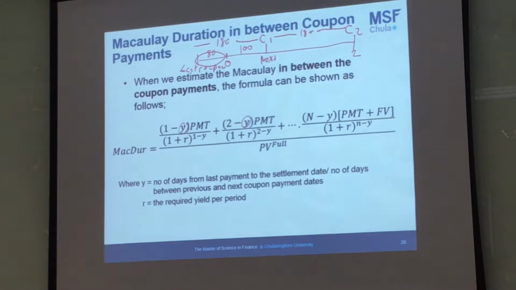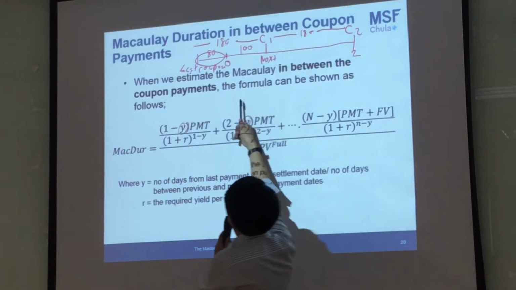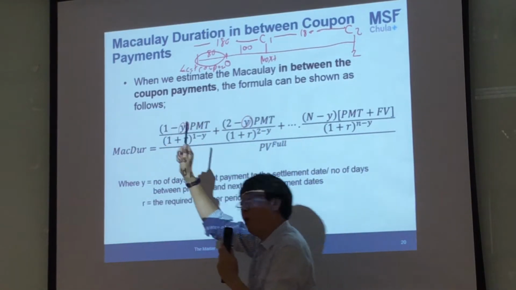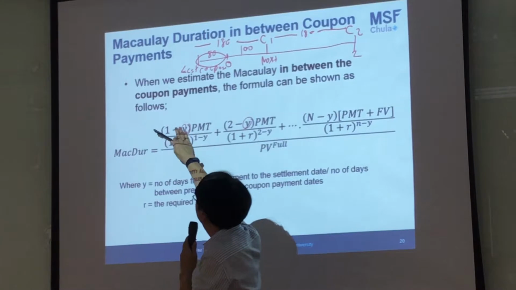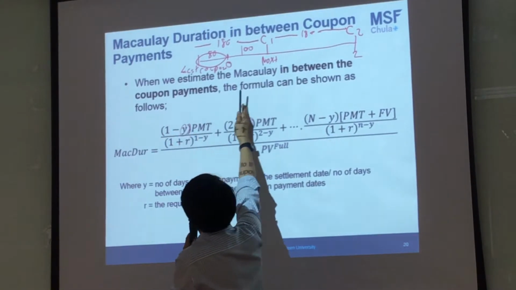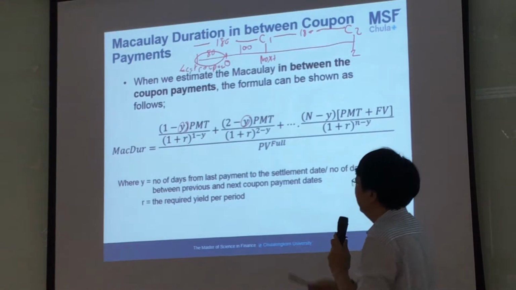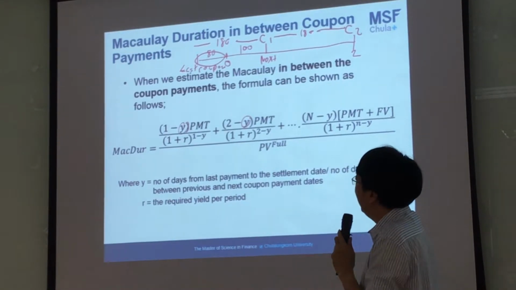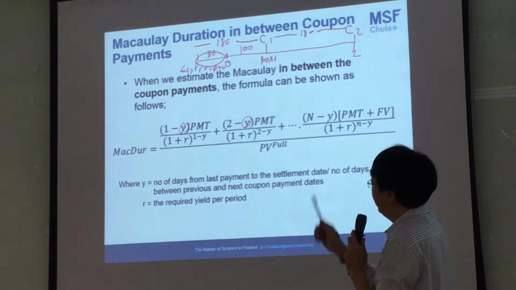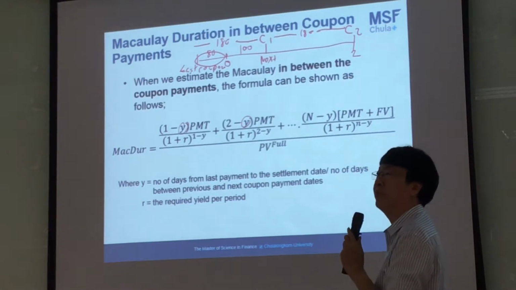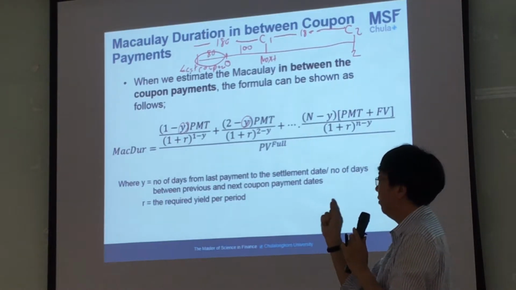Y is a proportion of one period of time. If we price the bond at the last coupon payment, there is no problem, it's equal to 1 here. But because it's already 80 days since the last coupon payment, we have to subtract that part y, the proportion of the period.